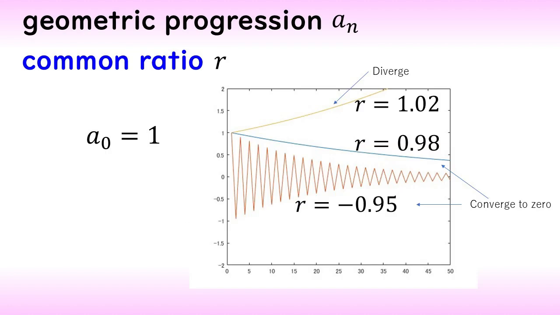This slide shows the numerical simulation of a(n). We can find that in case r equals 0.98 and r equals minus 0.95, it converges, but in the case r equals 1.02, the sequence diverges.